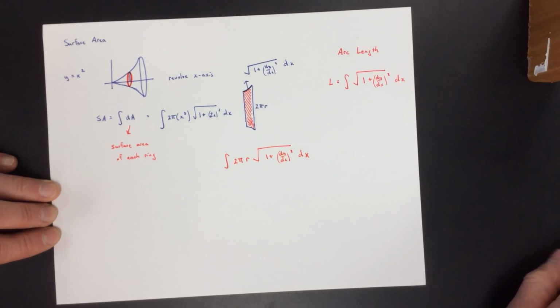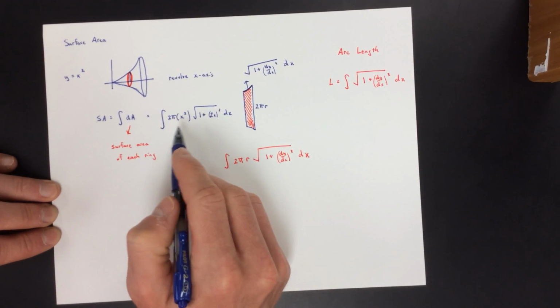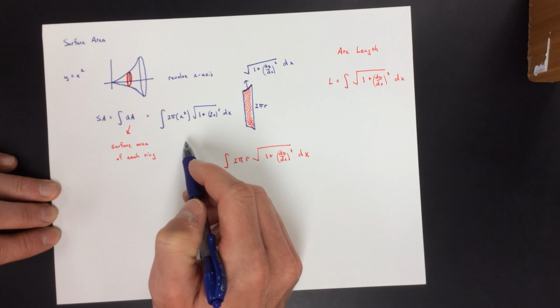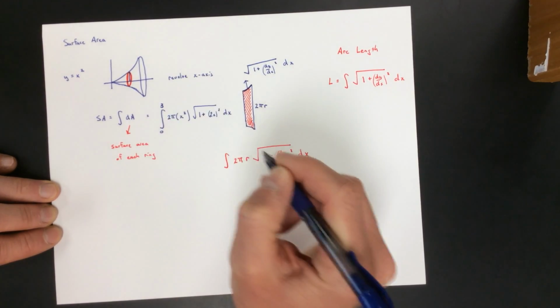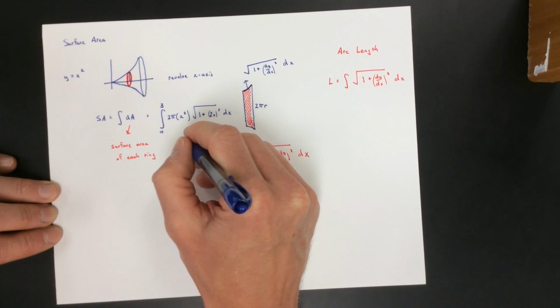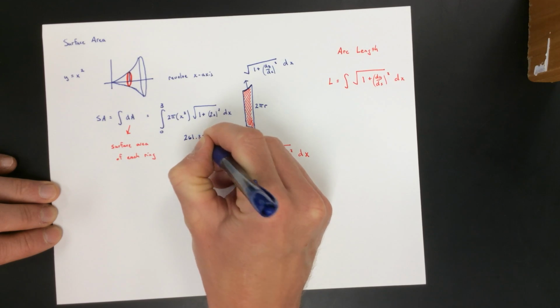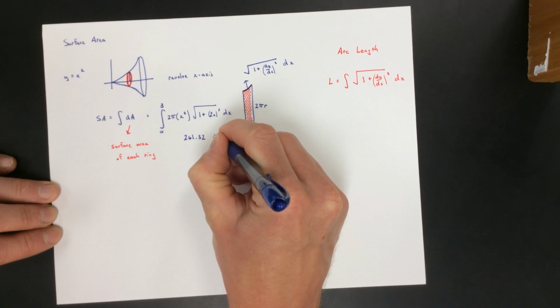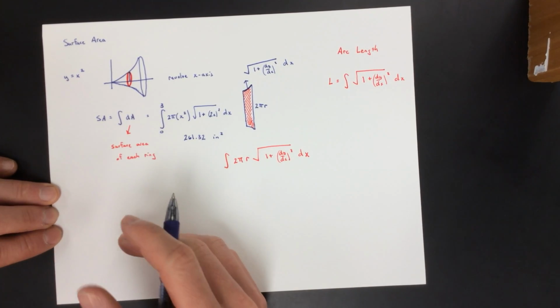And if you do that for this particular curve, and let's say this was bounded between 0 and 3, when you type this in, you're going to get 261.32, and that could be in square inches, square feet, square whatever, because it's a surface area.